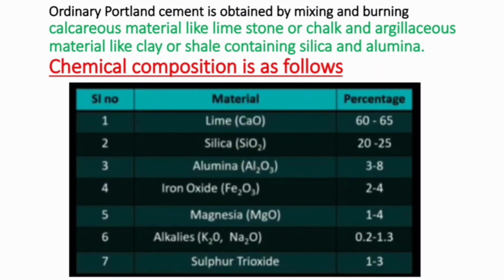So this ordinary Portland cement is obtained by mixing and burning the calcareous material and the argillaceous material. So we have already discussed the chemical composition.